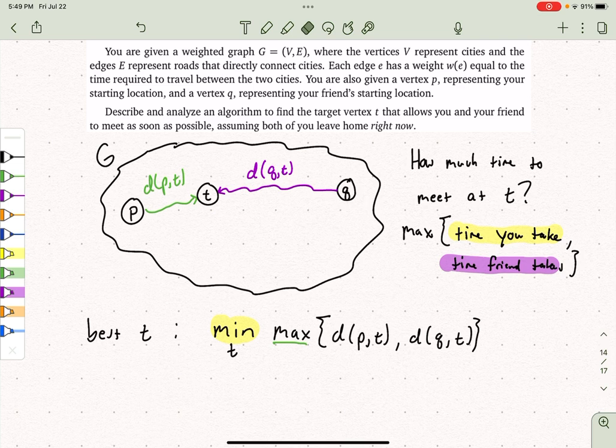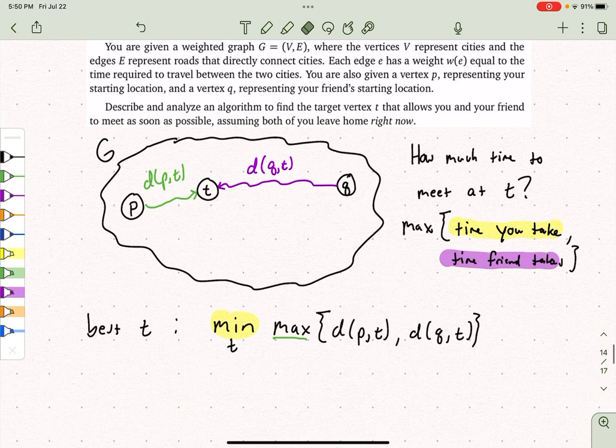That just happens to be there. So you're minimizing this, and both of these things are also minimal values. They're the shortest paths. Okay, so that's the best T. We'll just loop over all possible T, compute these shortest paths, and take the max, and then we take the min over all of these possible maxes.